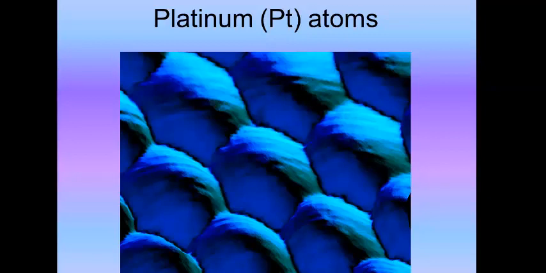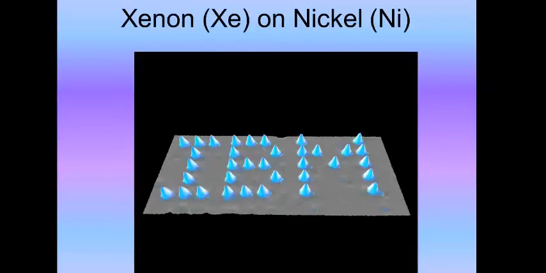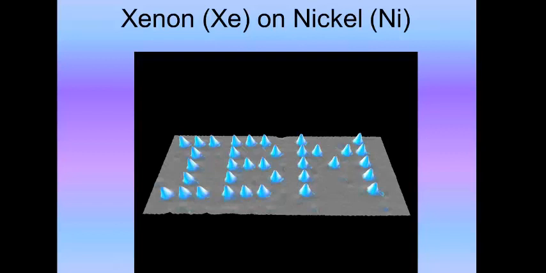Now, there was a company that did this. This was done back, I believe, in the late 80s, early 90s, by the following company. If you can read that, IBM is the company that pulled it off, and on this nickel background, they were able to individually manipulate xenon atoms in the shape of their logo.